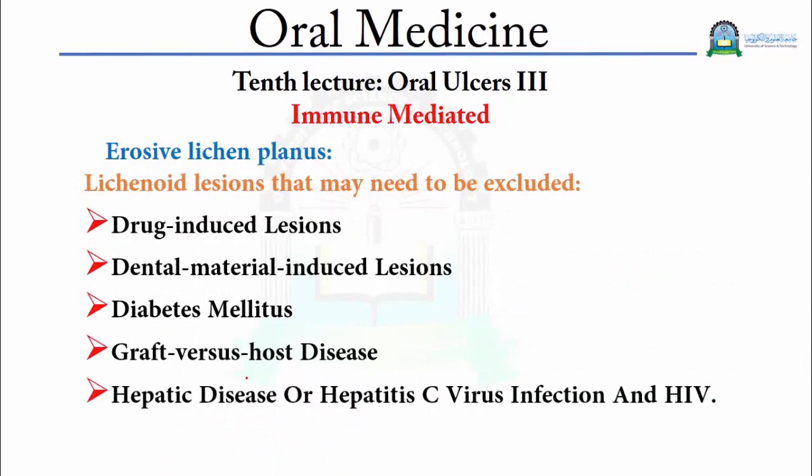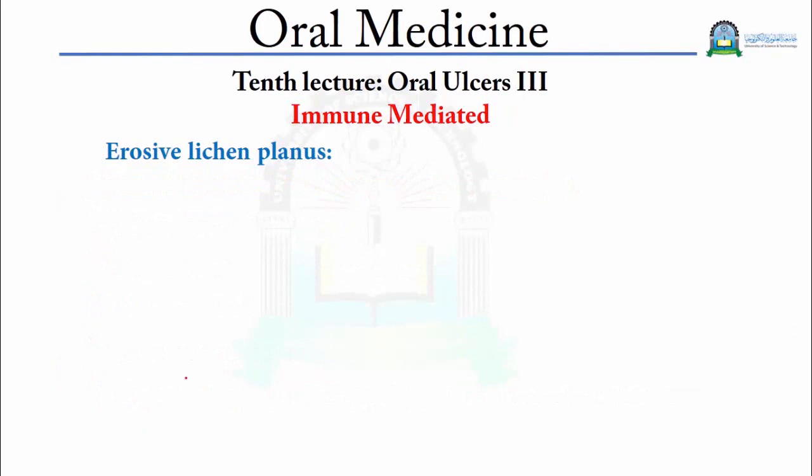Lichenoid reactions or lichenoid lesions that may need to be excluded: drug-induced lesions, dental material-induced lesions, diabetes mellitus, graft-versus-host disease, and also hepatic diseases or hepatitis C virus infections, as well as HIV infections. You should take these into consideration during differential diagnosis of the erosive lichen planus.